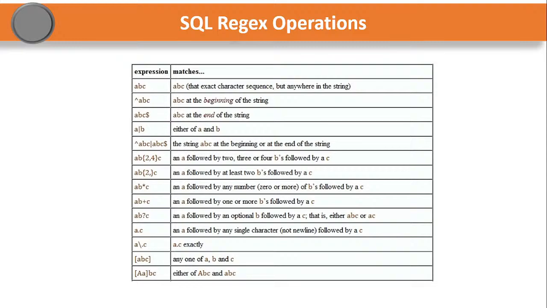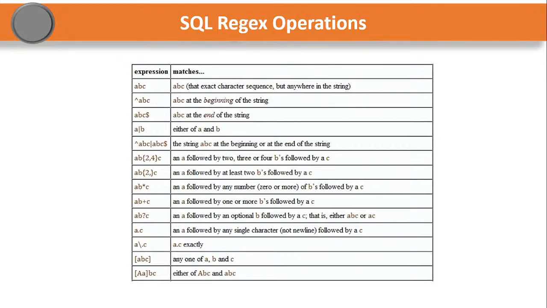Next we have caret ABC, that is, ABC should start at the beginning of the string. Similarly, we have ABC dollar sign, which will search for the ABC pattern at the end of the string. And we have A pipe B, which will retrieve the values which have either the character A or B.